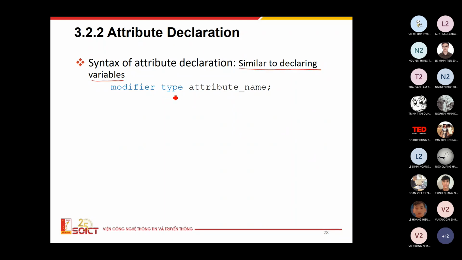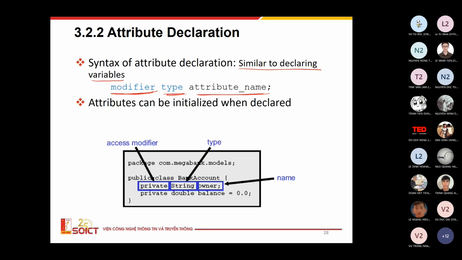That means you will have the type and then the name of the attribute. But now you have to add the modifier for this attribute, and you can also initialize it when you declare it, the same as with a variable.